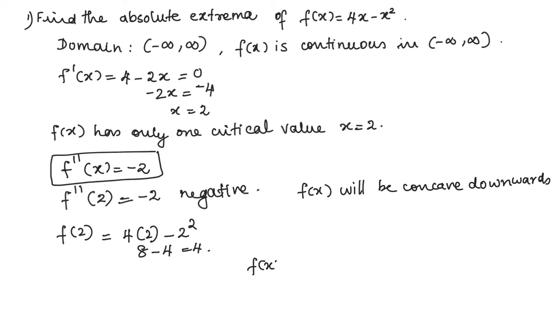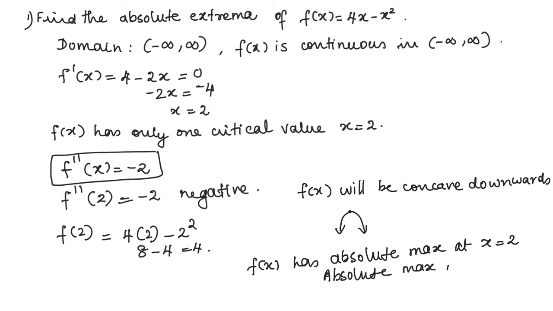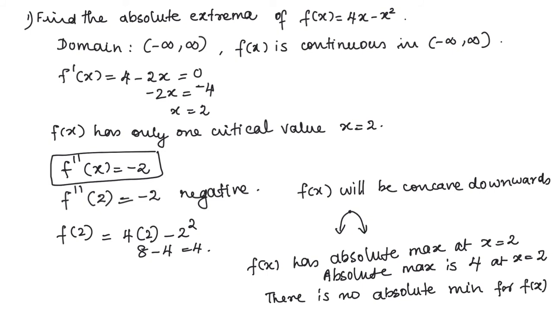So we can say f of x is concave down, so it will be a maximum. It has the absolute maximum of 4 at x equals 2, and there is no absolute minimum. There is no absolute minimum for f of x.